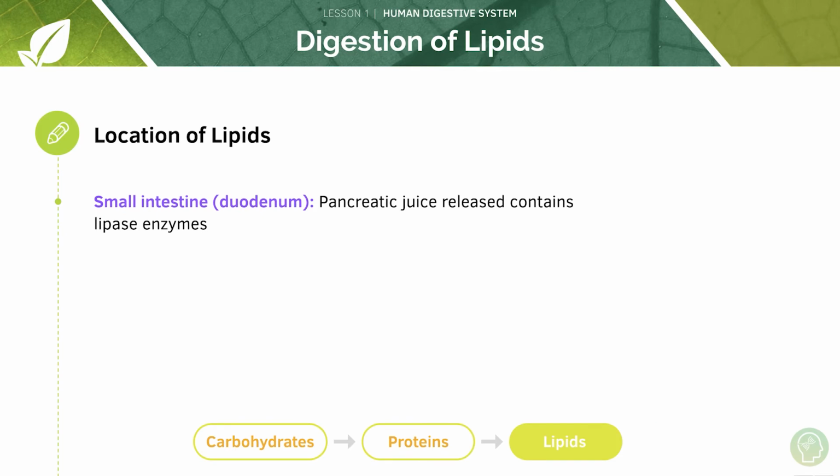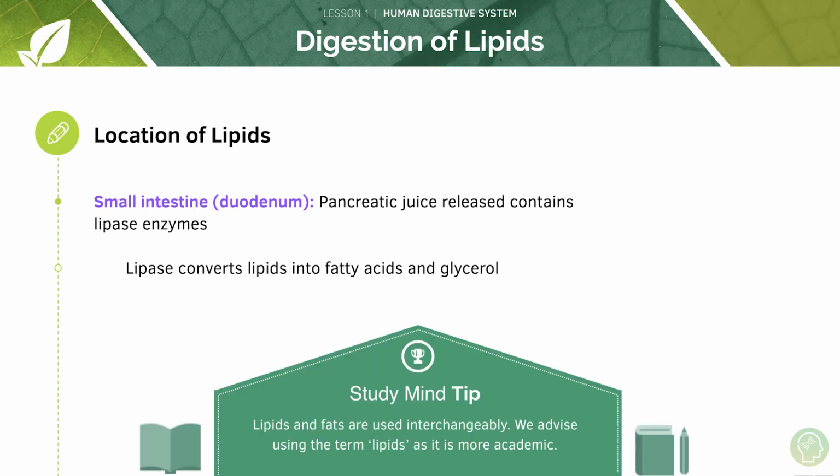And let's have a look at where lipases are found. So pancreatic juice contains your lipase enzymes, which are secreted into the small intestine. And just bear in mind here that lipids and fats are used interchangeably, but do try and use the term lipid because it does sound a lot more scientific.